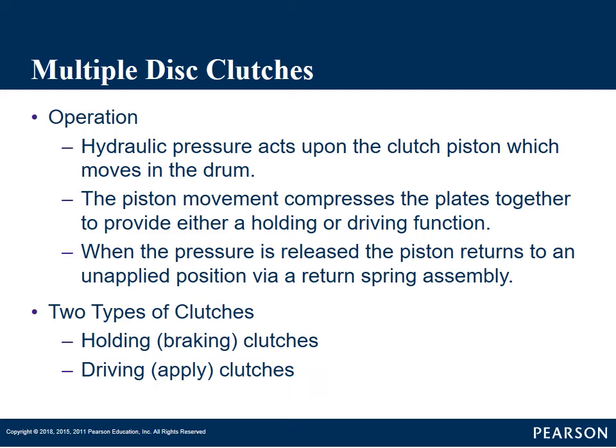But each transmission is going to be different. They're going to call their clutch packs different names. Whether we're going to call it a direct clutch, a forward clutch, clutch A, clutch B, clutch C, clutch 1, 2, 3, front clutch, rear clutch. As you can see, each manufacturer has different names for their clutches.